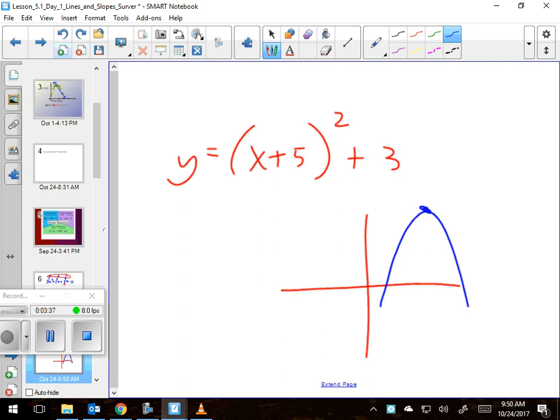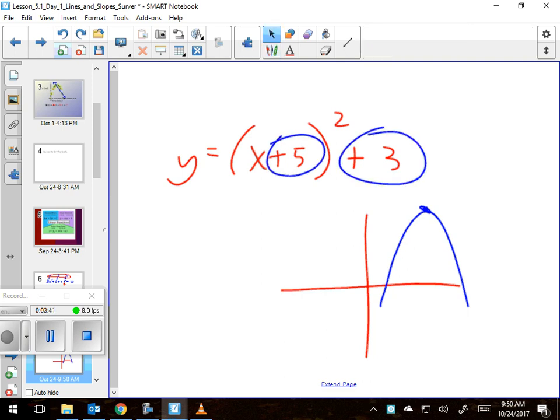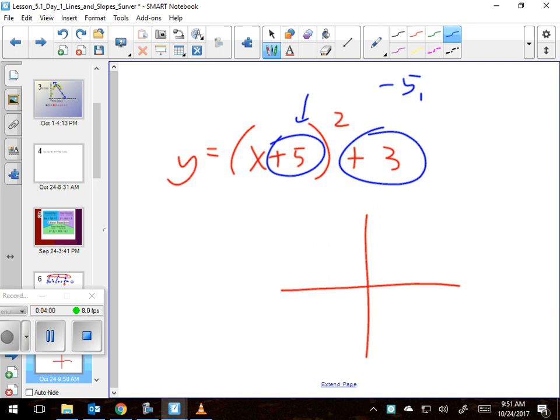And that spot, from this equation, I can tell what this vertex is by just looking at that. Who can tell me what the answer is? Negative 5, good, comma, 3. Do you remember that? It's the opposite of this one, because you don't trust the stuff on the inside. Okay? Negative 5, comma, 3 is your vertex.